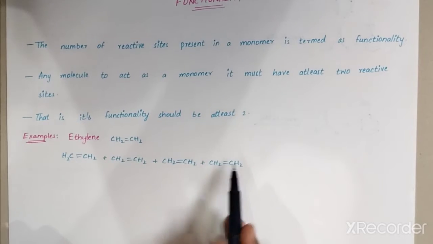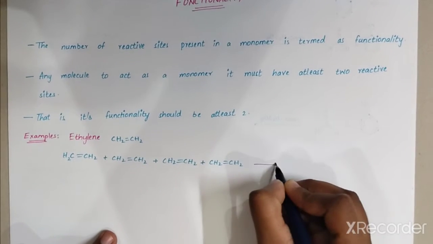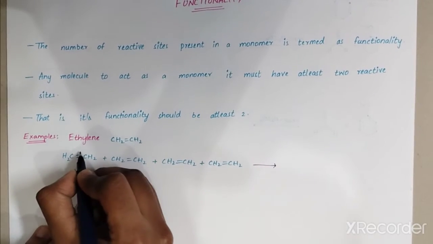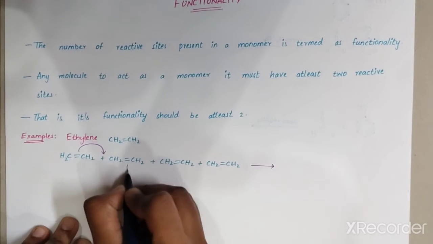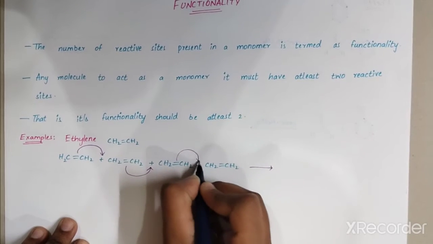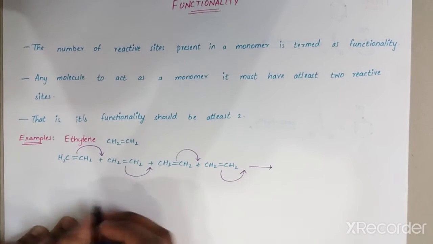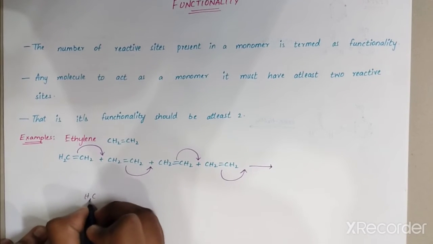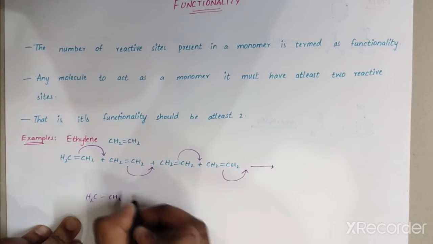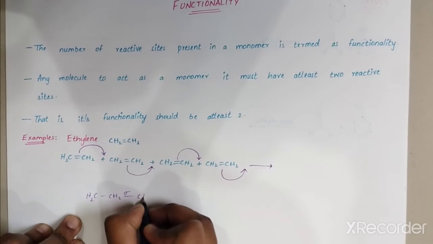Now in this equation, after polymerization, all these double bonds will be converted to sigma bonds, that is CH2-CH2, and here a sigma bond will be formed.